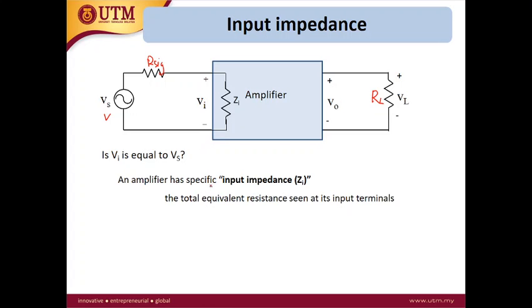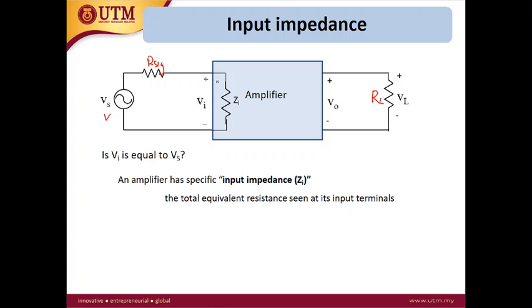The answer is no. Vi usually is not the same value as the source, because we have the internal resistance R signal here, so there will be a voltage drop. The Vi will be slightly lower than Vs.